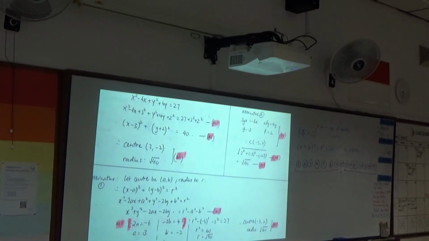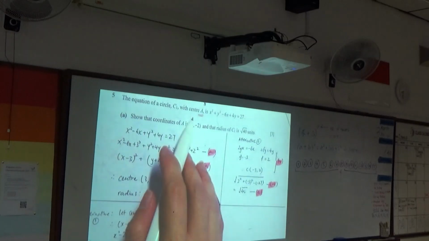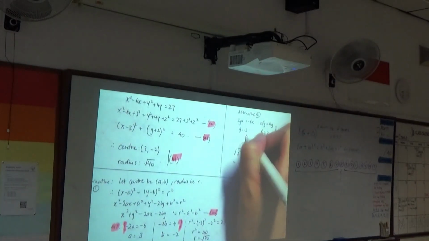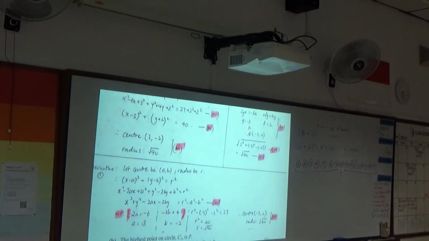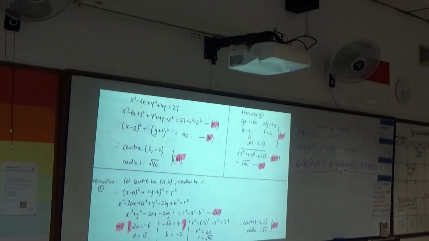The center, by the way, is A and not C because the question said A. I did not penalize, but I just want you to be aware that the center is called A.